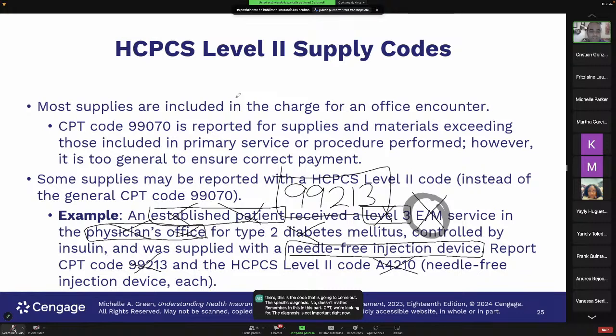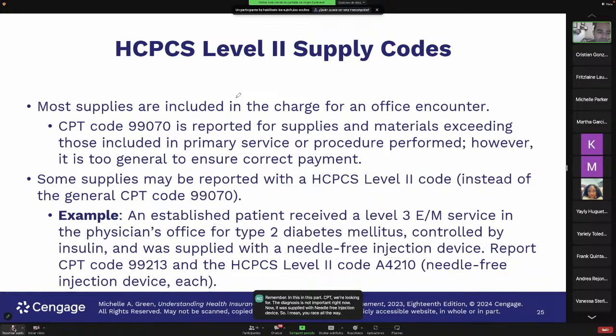Okay? Now, it was supplied with needle-free injection device. So, let me erase all of it again. And it was supplied with, and then someone said needle-free injection device. If you go and you think, is a needle-free injection device a thing or a procedure?